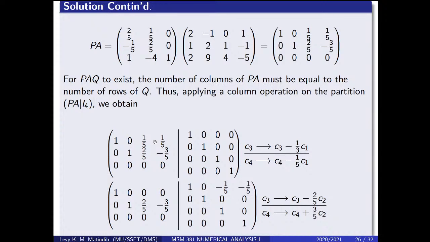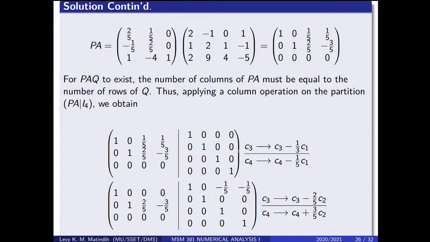To obtain the normal form, we need to apply the column operations. So if you look at this partitioned matrix, we are going to reduce the left-hand side of this partitioned matrix to the normal form. The same column operations that we apply on the left side so that we can reduce it to the normal form, we are going to apply simultaneously on the right-hand side of this partitioned matrix.